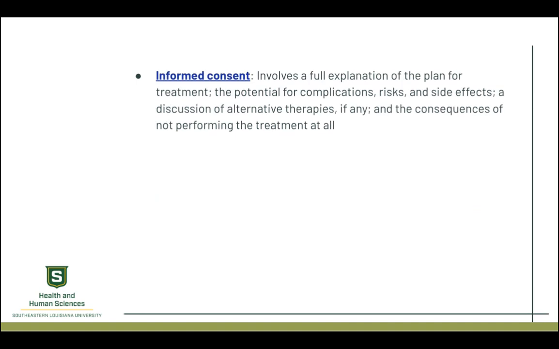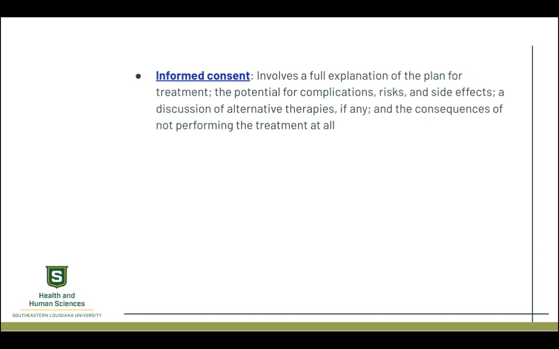So another key thing when it comes to health records is informed consent. With informed consent, the idea is that you're making sure that the patient fully understands the treatments that they're going to get, so that there is nothing being hidden from them. If there are going to be side effects to the treatment, they need to be aware of it.